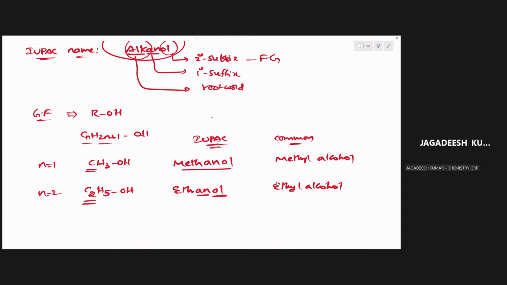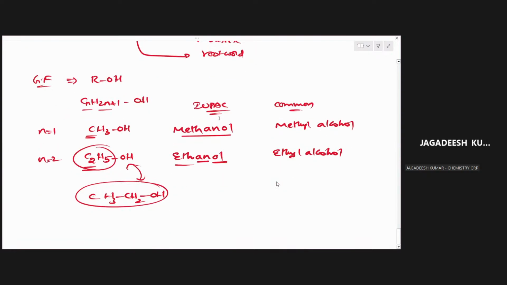We see ethyl alcohol, but the IUPAC name is ethanol. We can expand the structure: two carbons joined by catenation, with three hydrogens on one and two hydrogens on the other. So CH3CH2OH is also correct. C2H5OH or CH3CH2OH, both are the same, and both are called ethanol or ethyl alcohol.